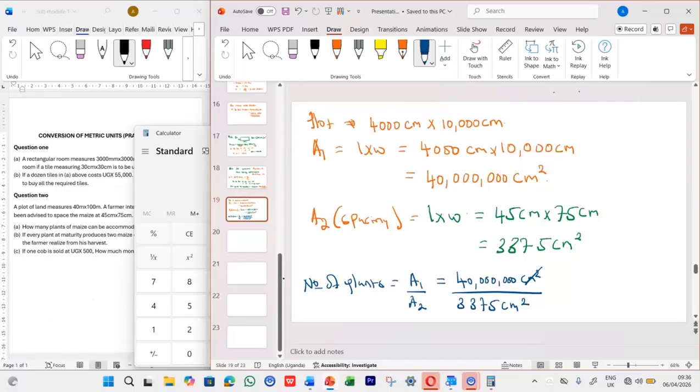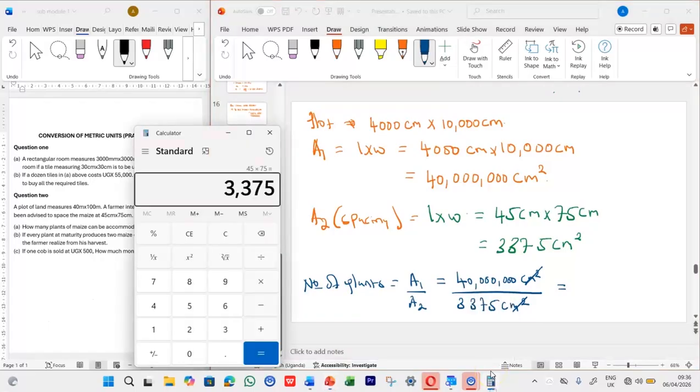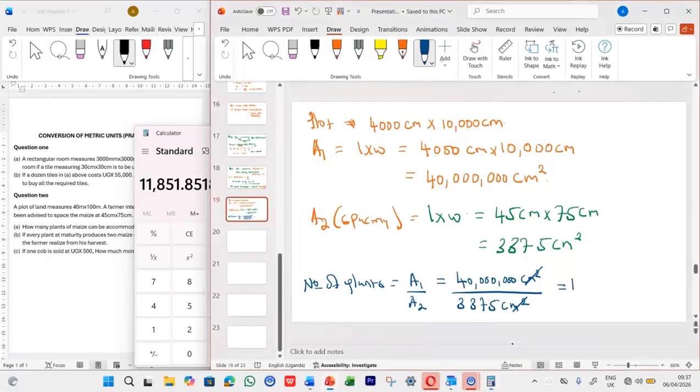The centimeters cancel, and back to our calculator, 40 million divided by 3375 gives 11,852 plants.